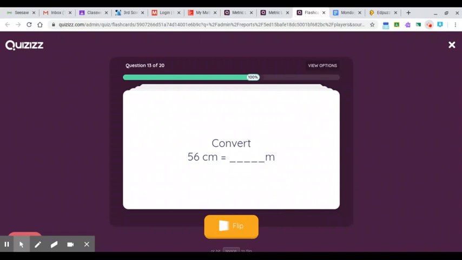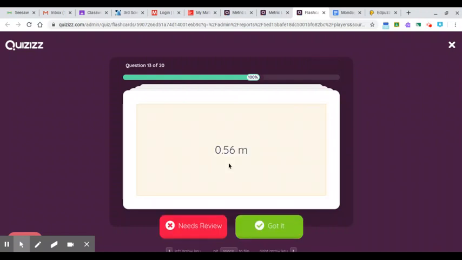We have to make this smaller than 1. This is 1 times 56, so this has to be times 56 too. But because we have to go backwards, it's going to be 0.56. So 56 hundredths of a meter.